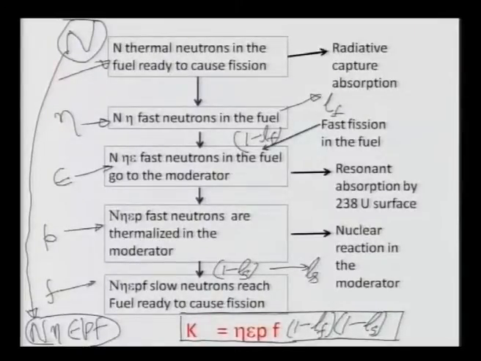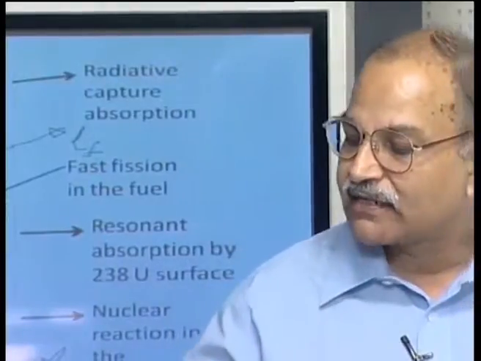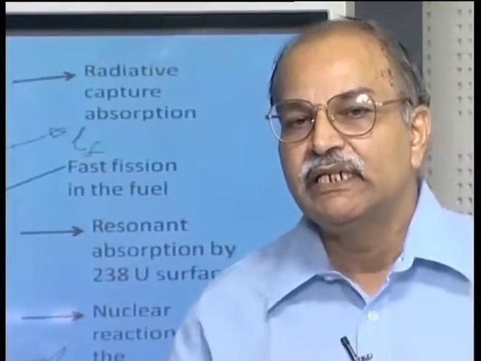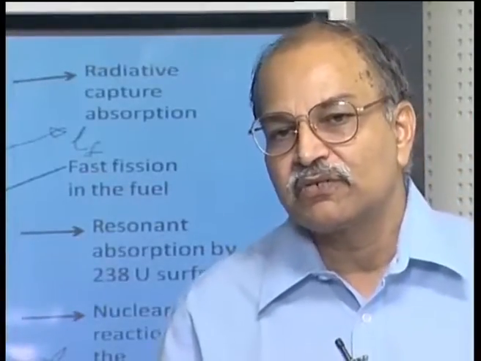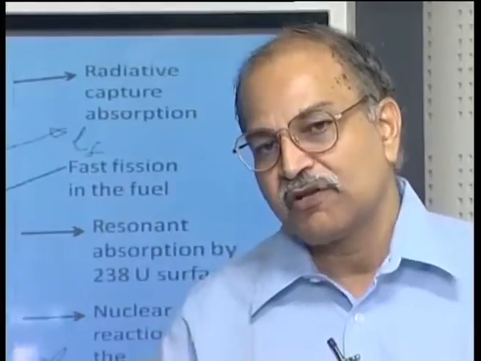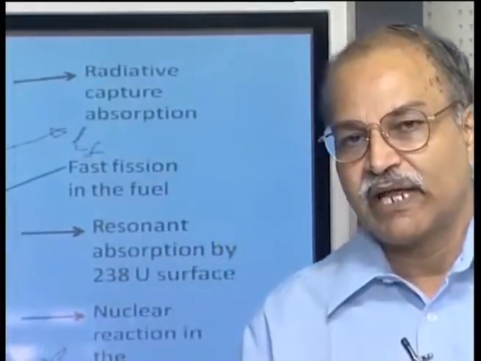So, this is going from one generation to the next generation. This is the factor K by which the number of thermal neutrons in the fuel rod ready to cause fission gets multiplied. Let us see something else.